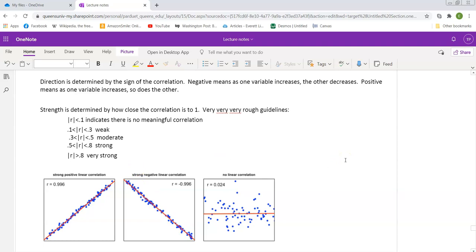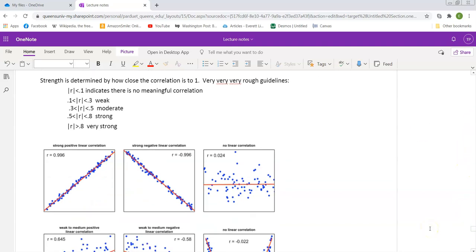Now the other part of the correlation is that it tells you the strength, and the strength is a very good thing to know. Keep in mind though, everybody always wants to know what the cutoffs are for what's moderate, strong, very strong, or on the other end, weak.